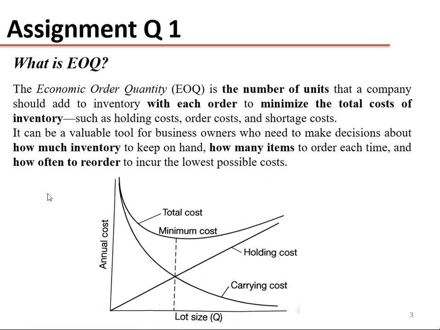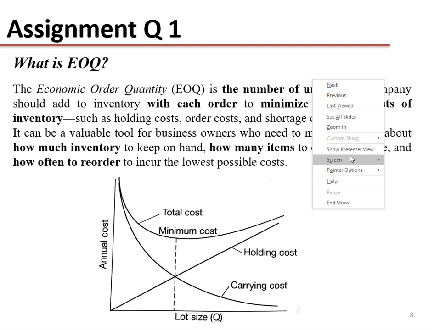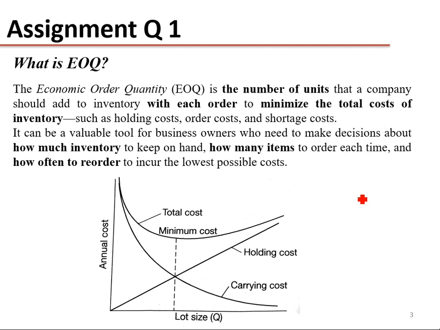So with this graph we can say that when the total number of units is at the optimum value, you can see over here that at this point the total cost of the inventory is minimum, and this minimum value is achieved when you put the number of units in an order at an optimum value.